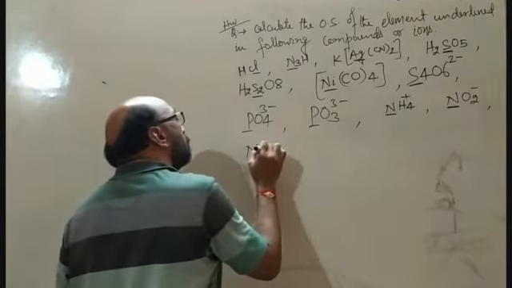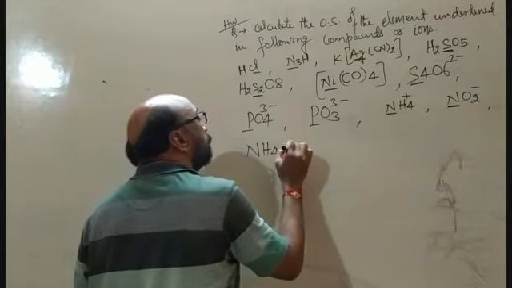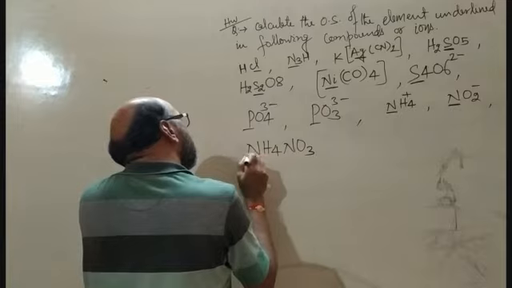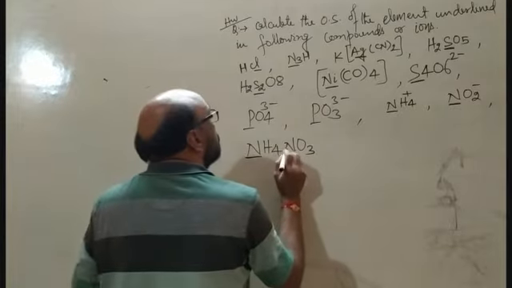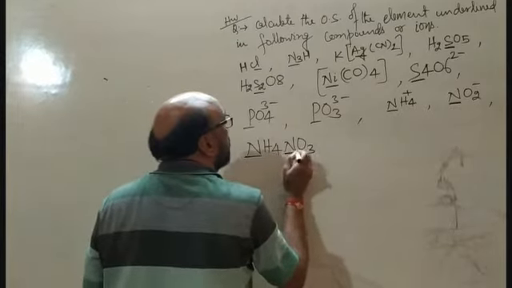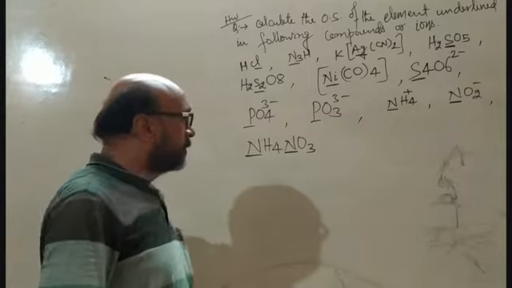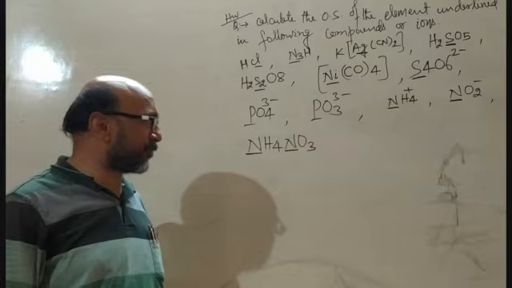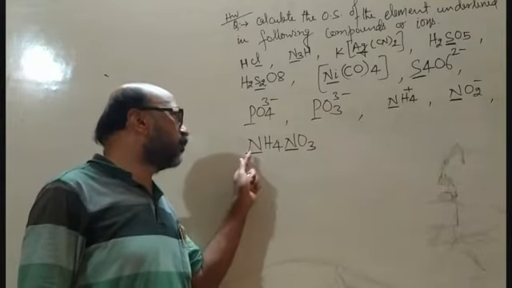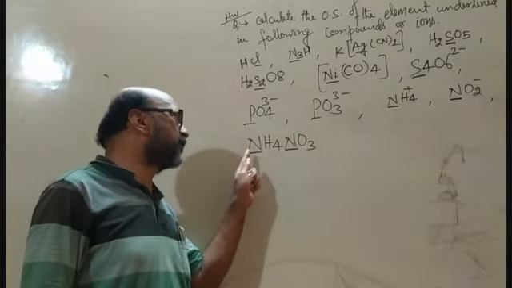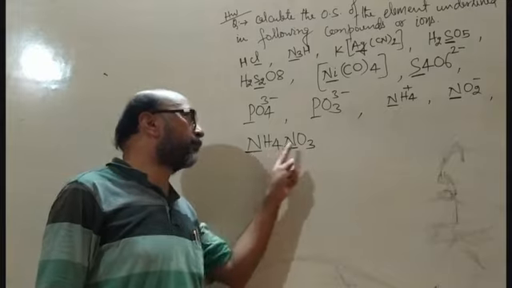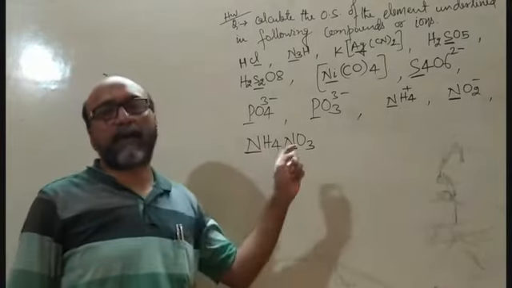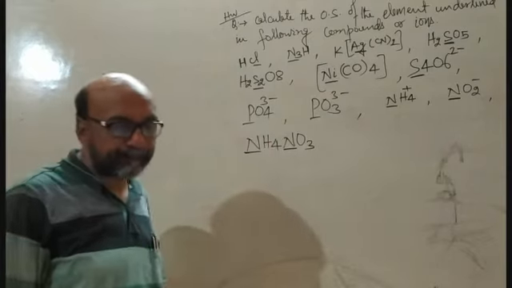Now NH4NO3. Here, two nitrogen atoms are there in this compound, NH4NO3, ammonium nitrate. Here you have to calculate the oxidation state of both of the nitrogen atoms because they possess different oxidation states.